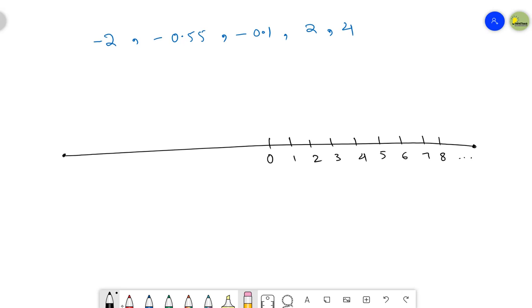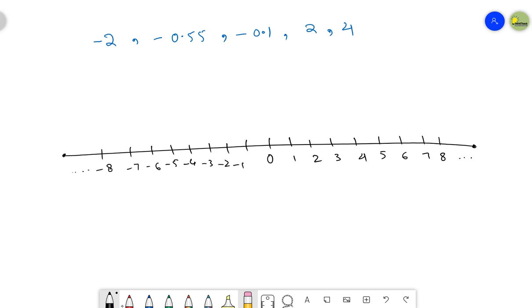The line continues. On the left hand side, I have the same values but with a negative sign. Minus 1, minus 2, minus 3, minus 4, minus 5, minus 6, minus 7, and so on. Right? So this is basically the number line.